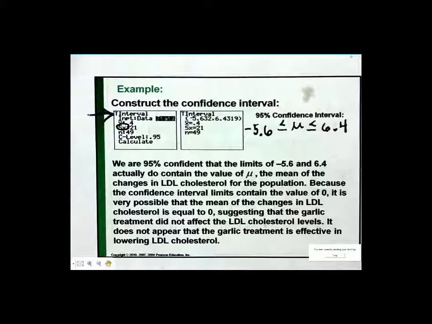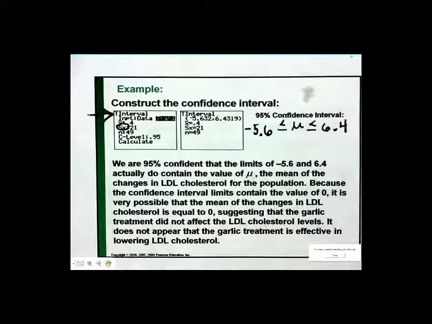Okay, that's a good question. Can you have a negative milligrams of LDL cholesterol in your blood? This is not just the milligrams per deciliter, or, yeah, that was right. This is not the amount. This is the change.